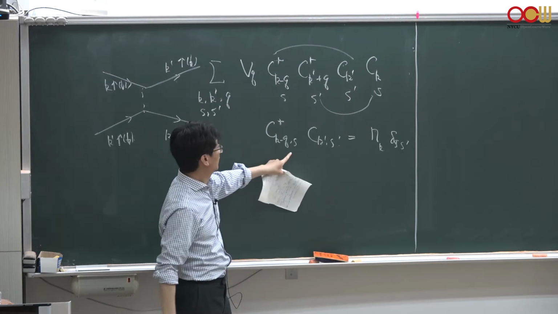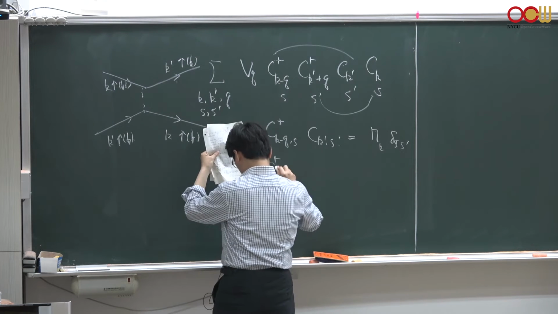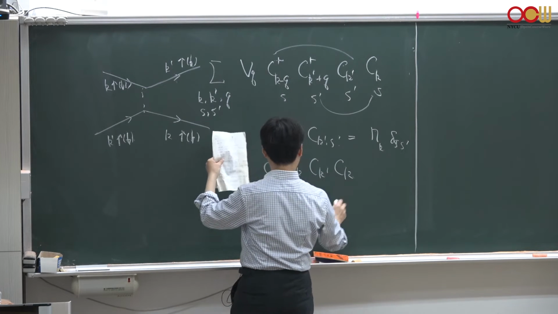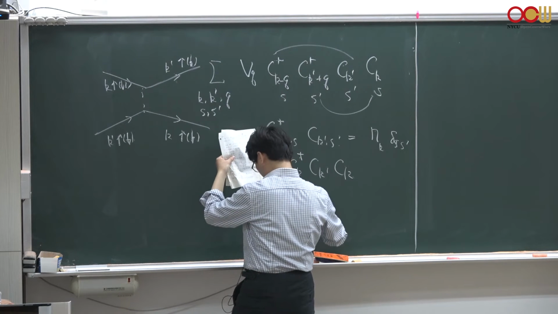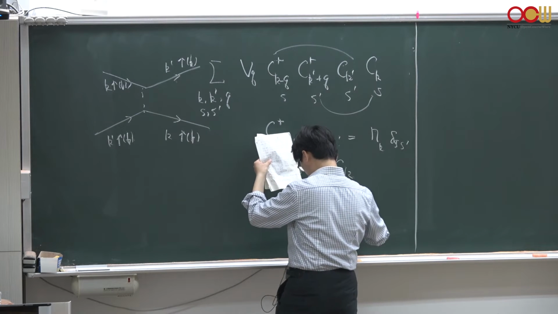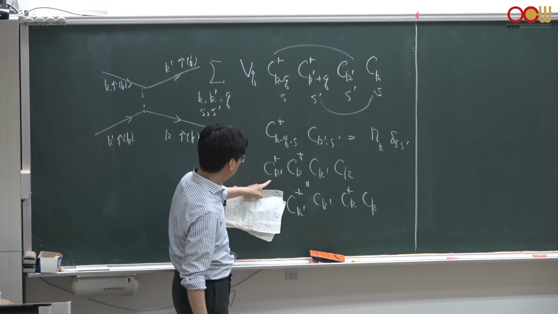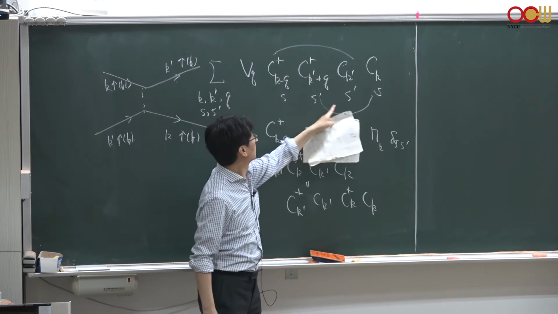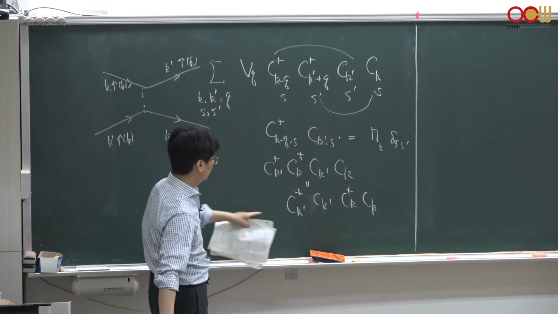In other words, let me just write down this C dagger K prime, C K, C K prime, C K. Remember, when we interchange this, we get C dagger K prime, C K prime, C dagger K, C K. But when we derive this up to here, we should remember that the spins of these two operators should be the same. Otherwise, we don't get the Fermi function.